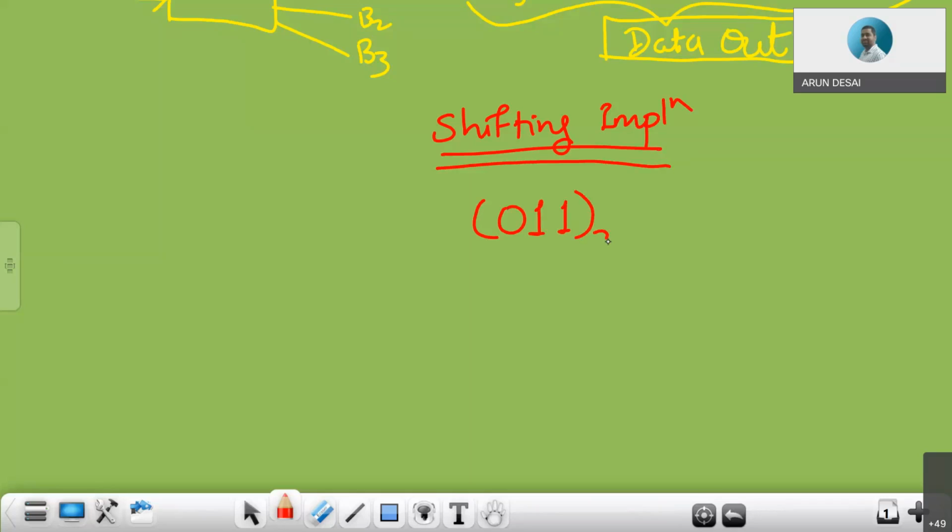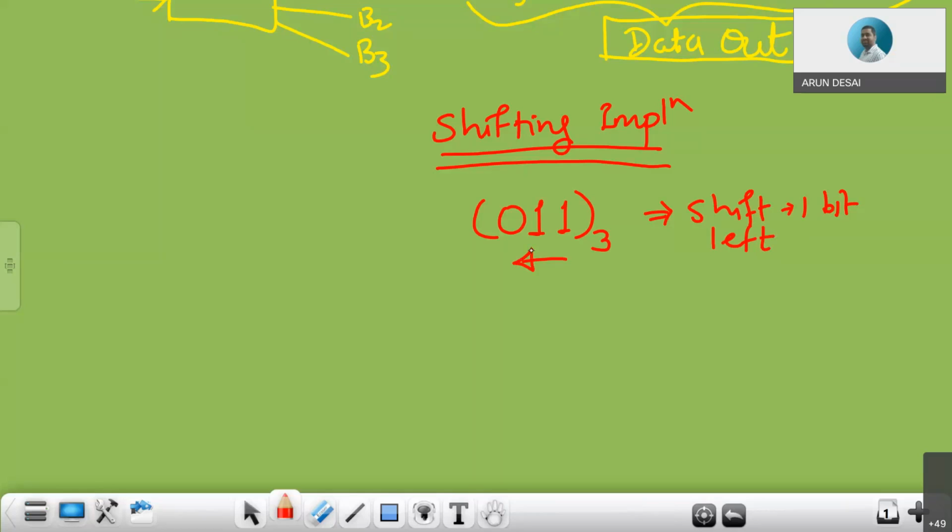Basically, this is binary 3, right? So just shift those by one bit to left, right? So we'll shift those bits to left by one bit, right?